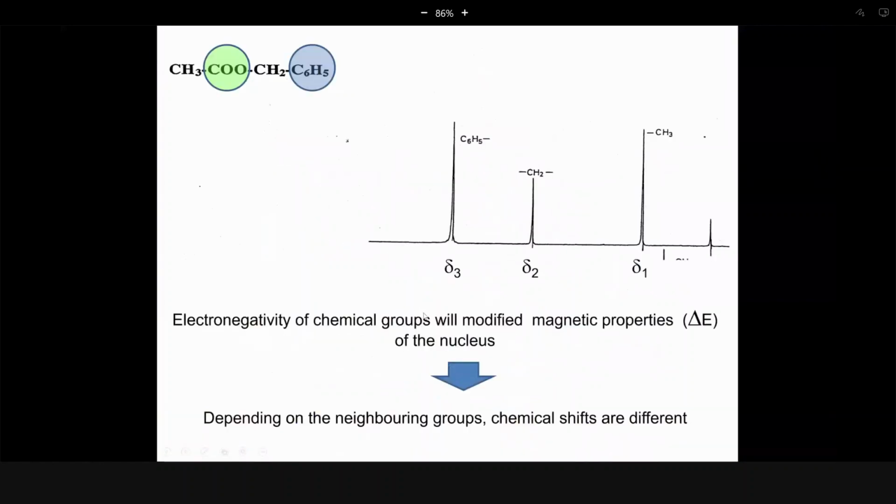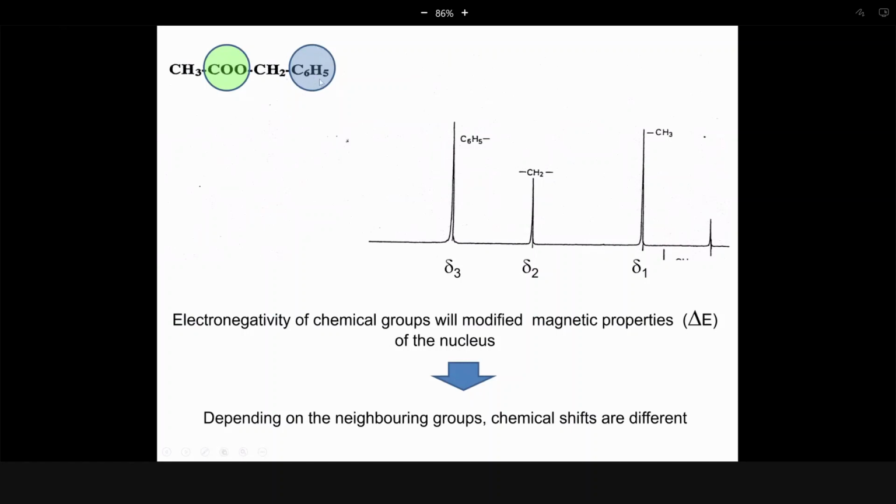So how can we get this from a spectrum? Go back to the spectrum I showed you before. For this molecule, it's benzyl acetate. Then we can see that when we look at the structure, we have one group of protons, a CH3, a CH2, and the protons of the aromatic ring.